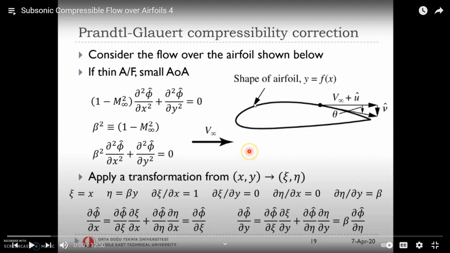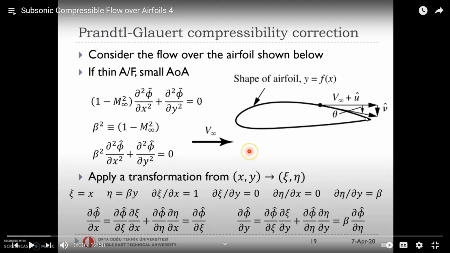If this airfoil is given to you, the proposition by Prandtl and Glauert is this: if somebody gives you this airfoil, just obtain an incompressible flow solution. How? Use panel methods, or combine some fundamental potential solutions.